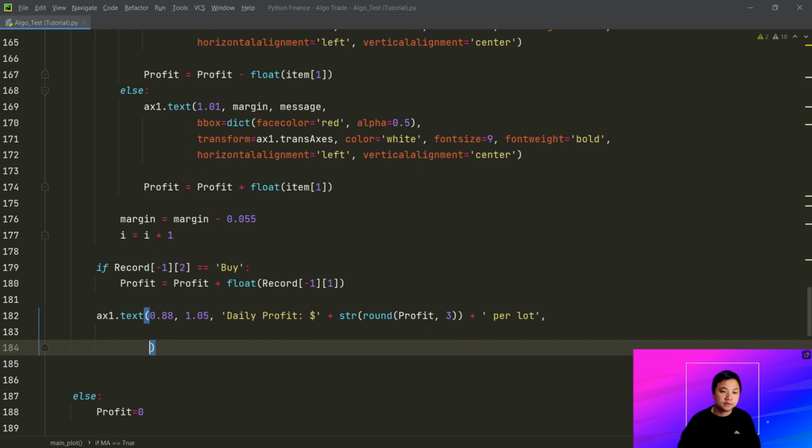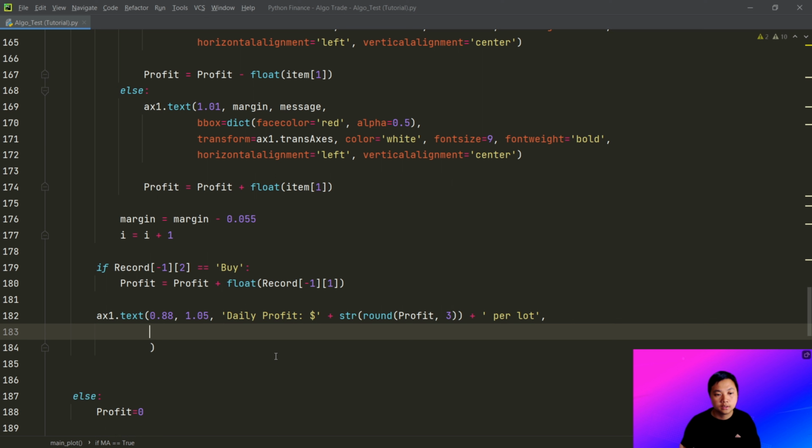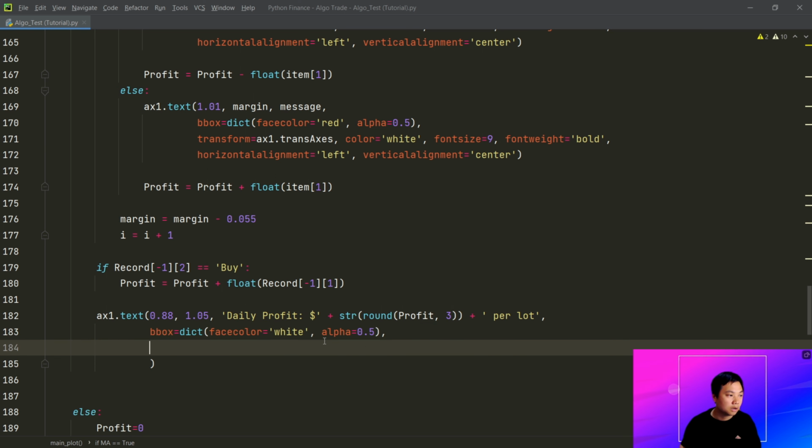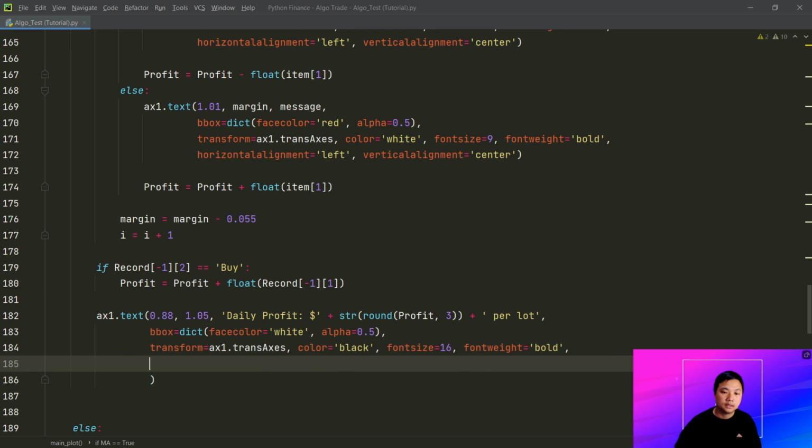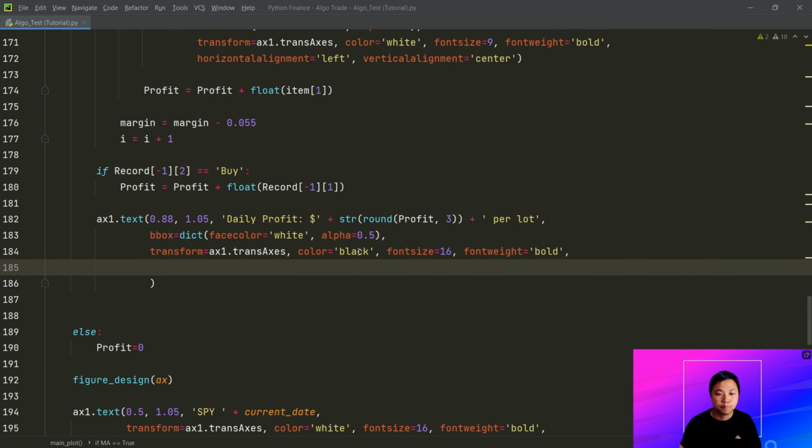And then again, we are going to use the bounding box to put the text inside this bounding box. The bounding box is white in color, and then the font is black, and the font size is 16, bold.